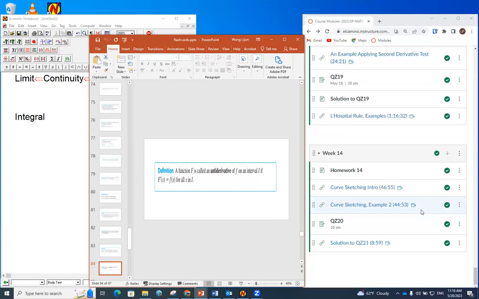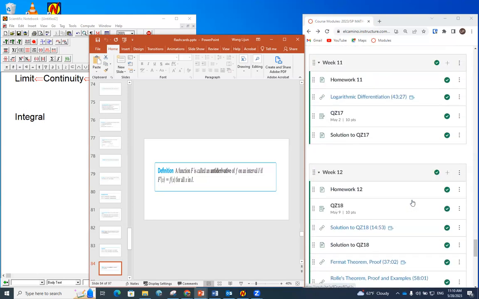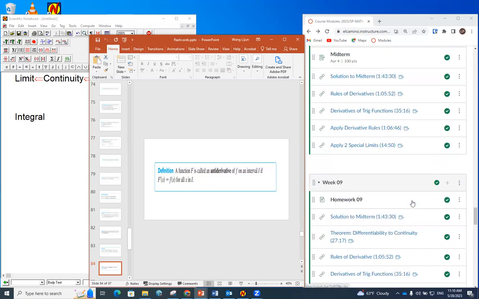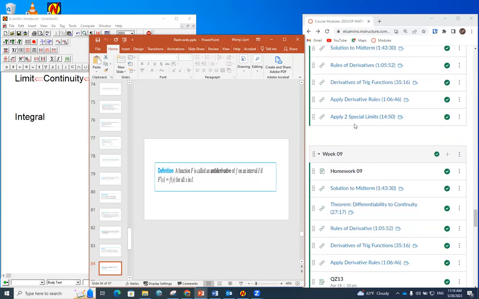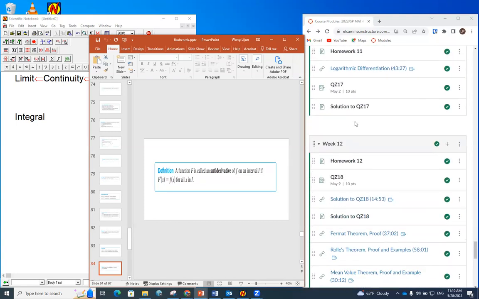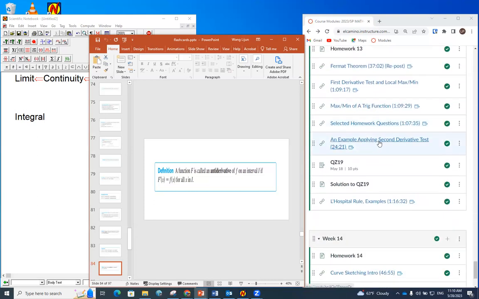Until week 14, which was last week, we have covered so many things, from week 8 to week 13, covering derivatives and their applications all the way up to L'Hopital's rule.